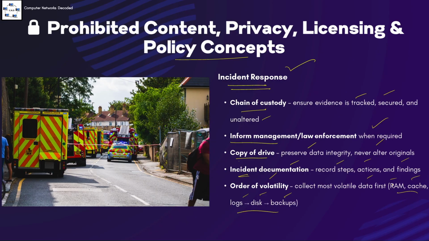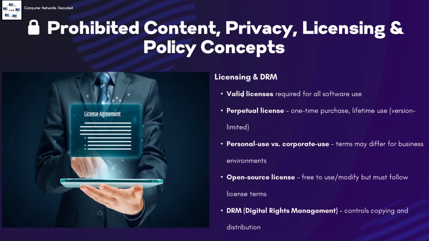For example, RAM is more volatile than disk because the data in RAM is gone when the power is gone. So you need to preserve the data inside RAM first, because the data inside the disk does not go with the power and may be preserved after the volatile data is preserved first.